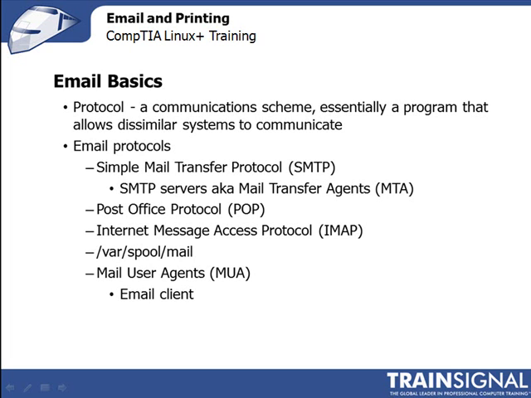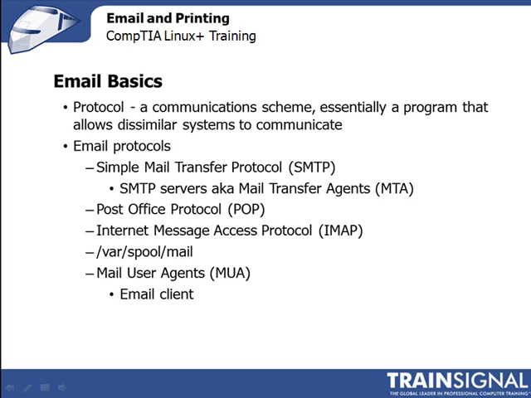So we have a message that using SMTP is transferred from the Mail User Agent, or MUA, on a sender's workstation. It goes to the Mail Transfer Agent, or MTA, on the email server, which uses the SMTP protocol. If that message is intended for a user on the same domain, the message is held for delivery by the local MTA.